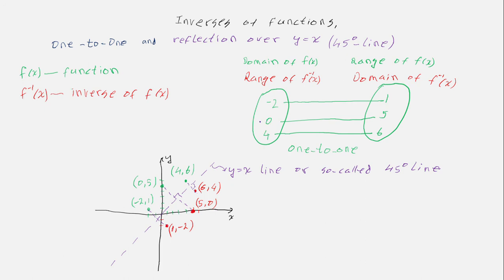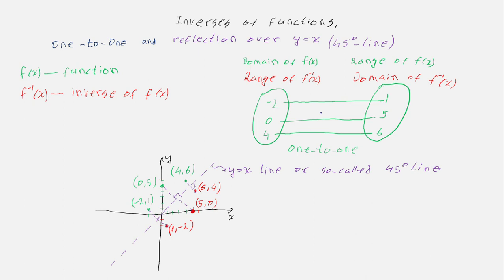So the main points here: a function is a one-to-one function if not only does each value of the domain correspond to one value in the range, but the backwards is also true, if each value of the range of the function corresponds to one value each of the domain.